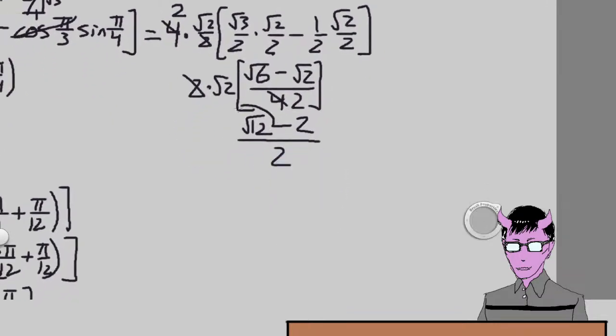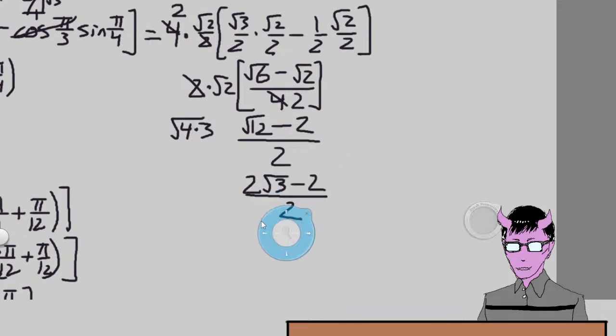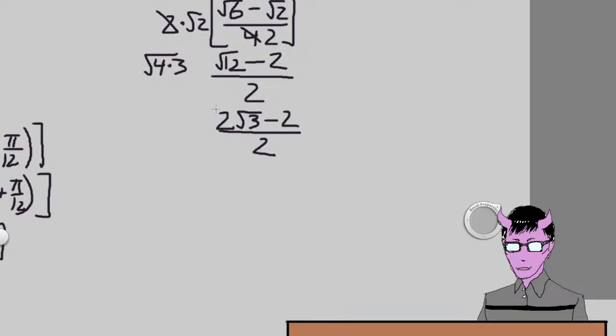Alright, here we go. And then lastly, this is the one we've seen before. It's just, again, square root of 4 times 3, we can take the square root of that. That one stays inside. Minus 2 over 2. Everything is divisible by 2, so divide by 2, divide by 2, divide by 2.